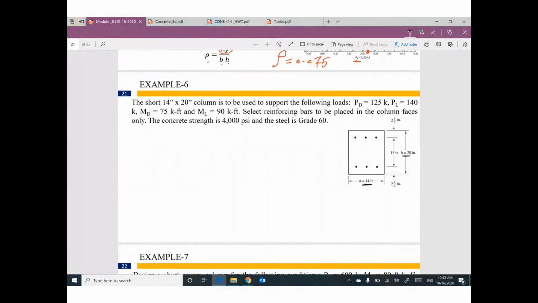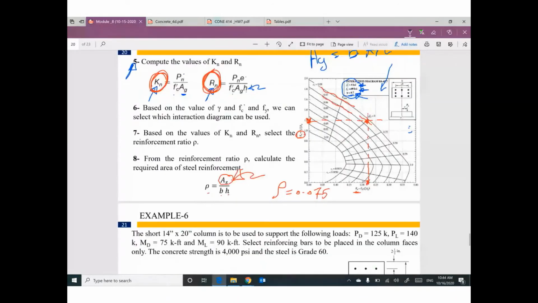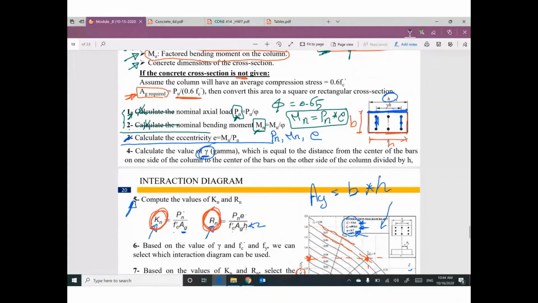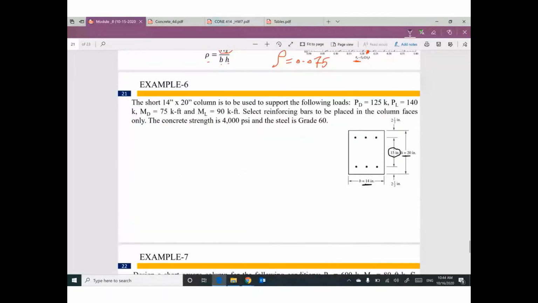From the given dimensions, do you remember what is the value here? This value equals gamma h, which is the distance between this layer of steel reinforcement and this layer. So gamma h is 15 inch.